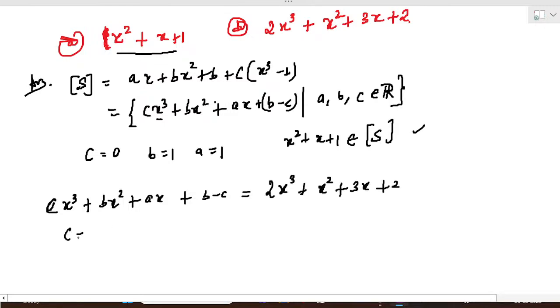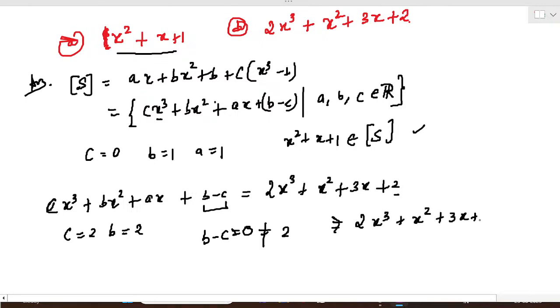So from here c should be equal to 2 and b should be equal to 1. Then b minus c would be equal to minus 1, however from here we know that b minus c should be equal to 2. It implies that 2x cube plus x square plus 3x plus 2 is not contained in the linear span of S. I hope it is clear.